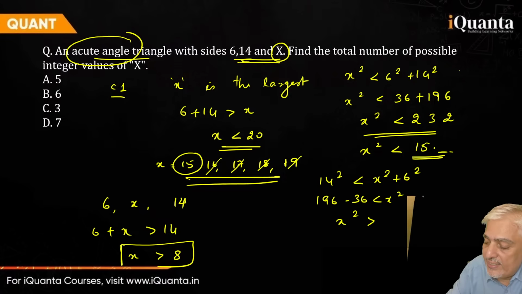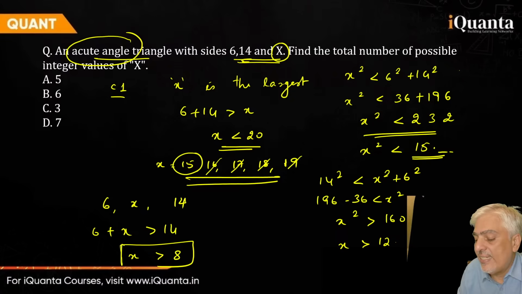X square is greater than 160. So that's 12 point something something. X greater than 12 point something something. So x greater than 8. Sorry, ulta ho gaya.